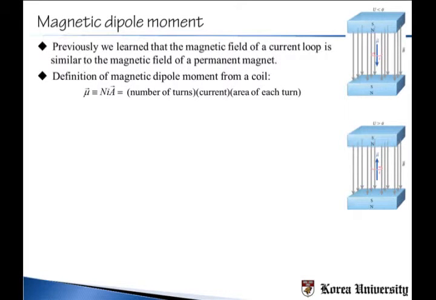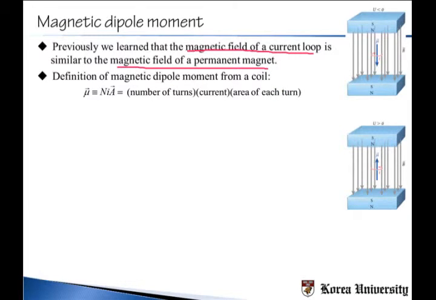Okay, and finally we will discuss the magnetic dipole moment. Try to remember that in the early part of this lecture, we learned that the magnetic field of a current loop is similar to the magnetic field of a permanent magnet. So they were related.